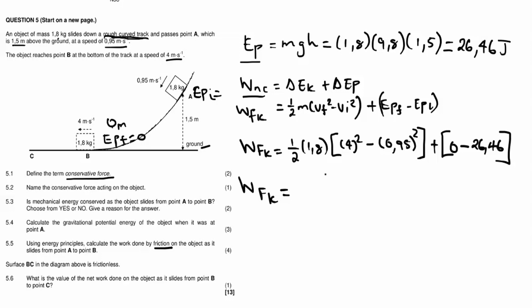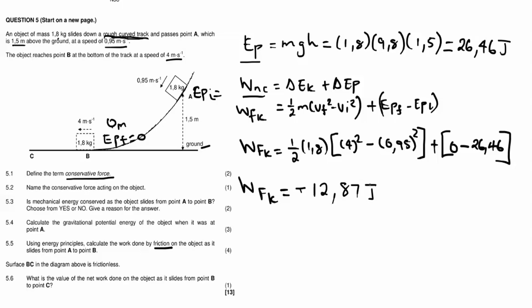It's 1.8 into 4 squared, which is 16, minus 0.95 squared, and then plus 0 minus 26.46, and it gives us negative 12.87 joules. Obviously the energy is taken from the system in an irreversible manner, since it's being taken by frictional force.